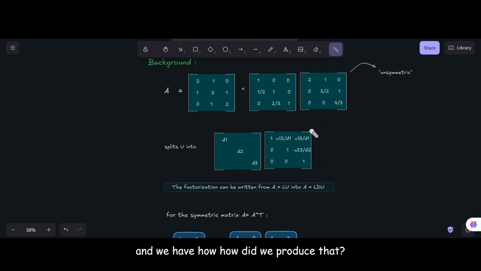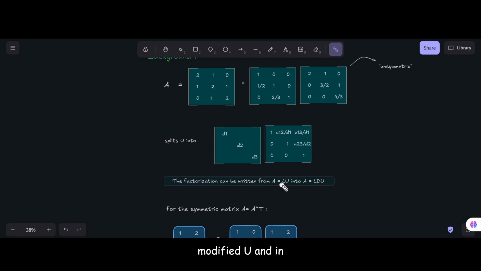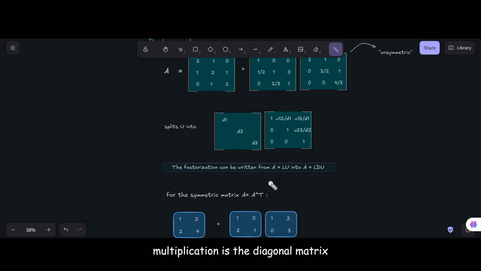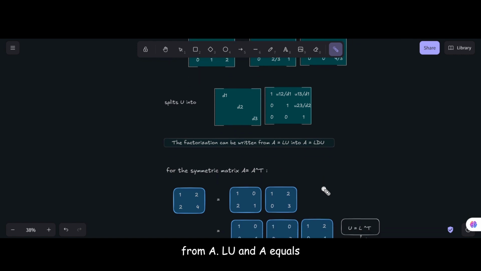How did we produce that? We divided each row by its pivot, the resultant is the modified U, and the multiplier is the diagonal matrix. So the factorization can be written as A equals LU and A equals LDU.